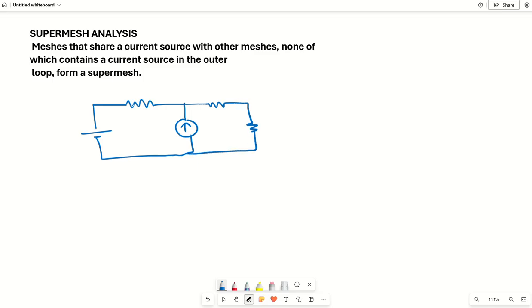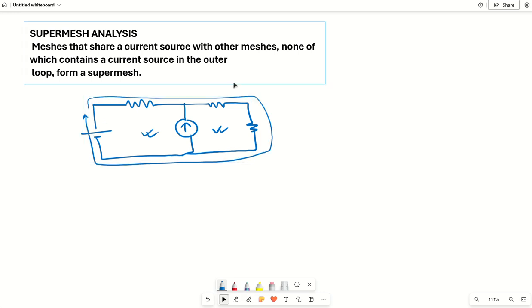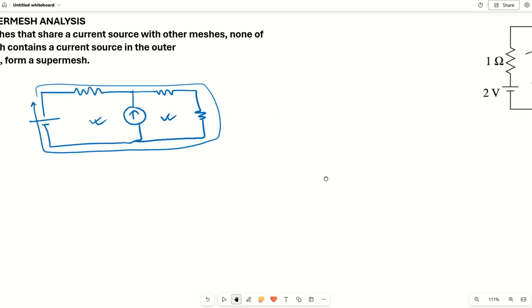If we have to write down the equation for this circuit, then we can see that these two loops or meshes are sharing a current source in between them, and there is no other current source in the outer loop. If this type of situation arises, then we call it a supermesh. So let us consider a numerical and see how we can solve this supermesh analysis.